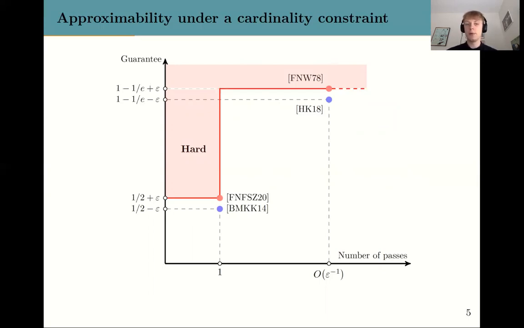If you want to improve upon this 1 minus 1 over e, you need to make an exponential number of queries to your objective function. And as you decrease the number of passes, the best approximation ratio that you're able to get also decreases. We know that there is a 1/2 algorithm in the single pass setting, which is actually tight.